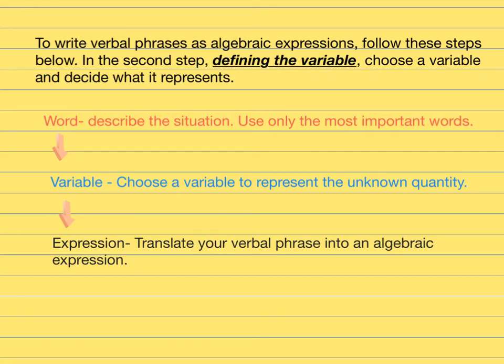Now the variable, choosing a variable to represent the unknown quantity. What is it that we do not know the exact amount of? And that variable examples could be X, Y, Z, A, any letter that you choose. Now the expression is to translate your verbal phrase into an algebraic expression using an operation that you can solve.